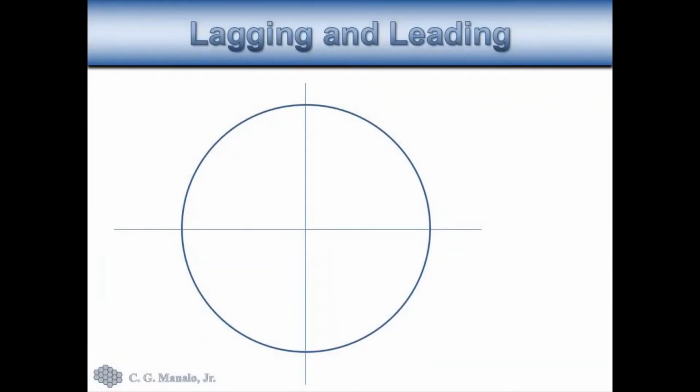Another way of comparing these two sinusoids is by plotting the sinusoids on a circular racetrack. So let's say we plot V sub 1 on the circle, and we plot it by first identifying the phase angle.